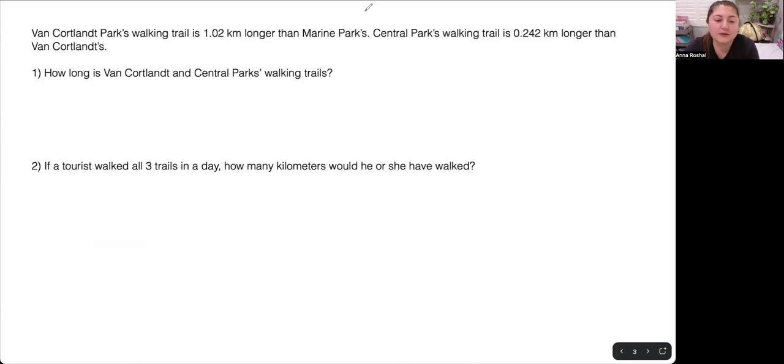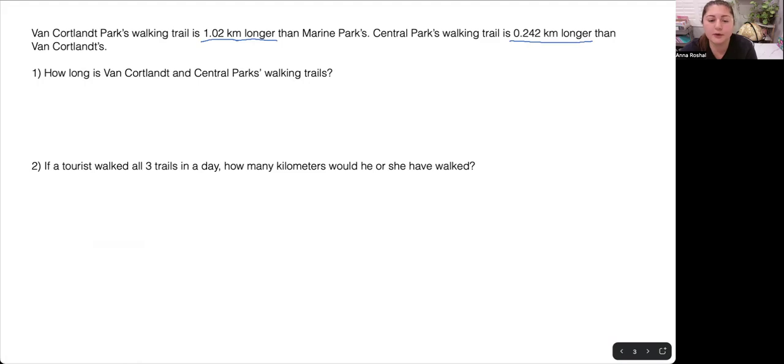Okay, so Van Cortland's Park Trail is this many kilometers longer than Marine. So if something is longer than Marine Park, it's going to be more than 1.02 kilometers, 1 200ths of a kilometer. Then we know Central Park's walking trail is this many kilometers longer than Van Cortland's.